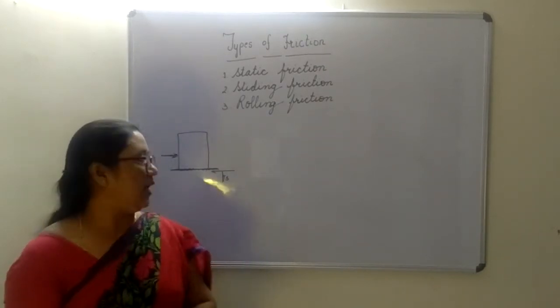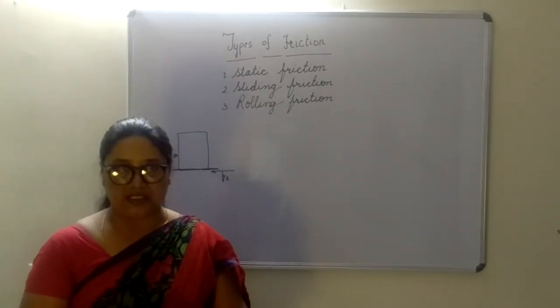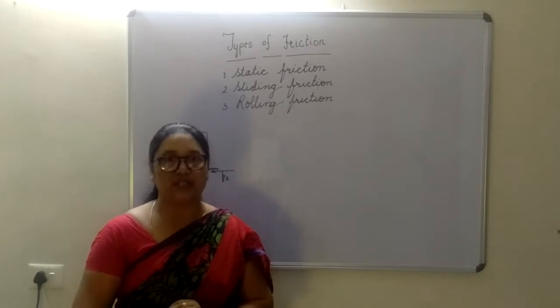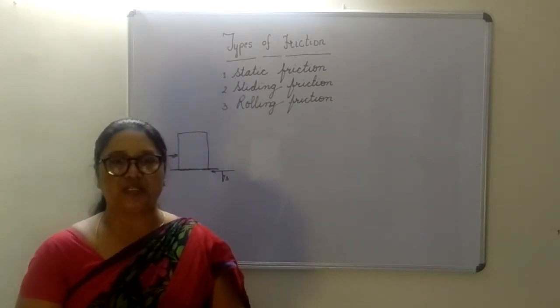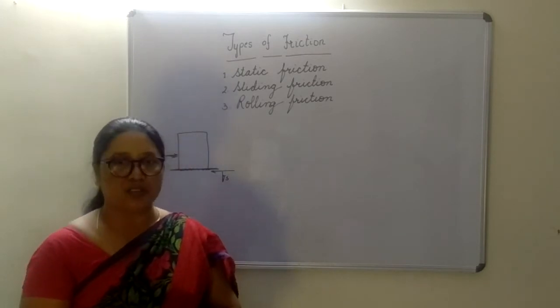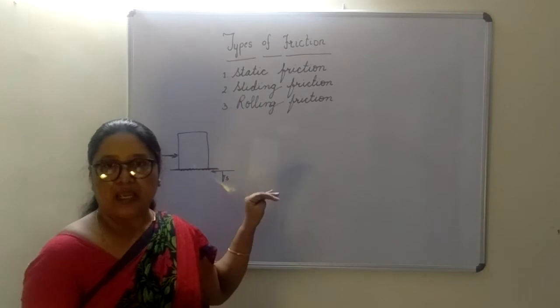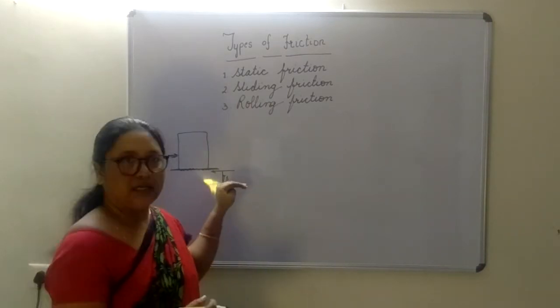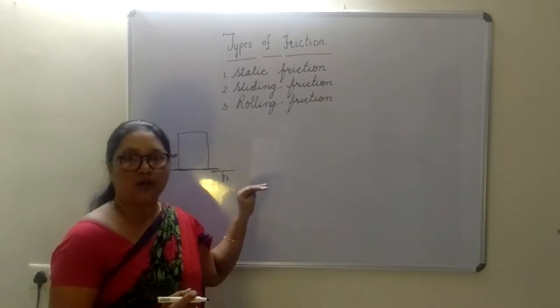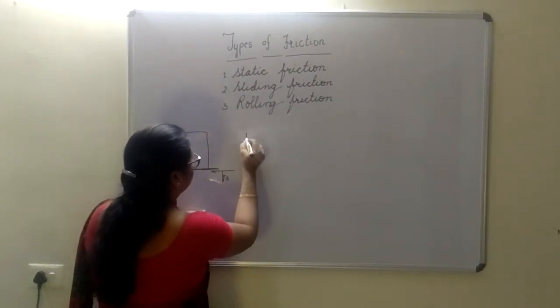You already know that all surfaces have irregularities. Uneven surface will be there. No surface is perfectly smooth. So in sliding the box, the points of contact of the surface do not get enough time to interlock. Let's see what I am saying.